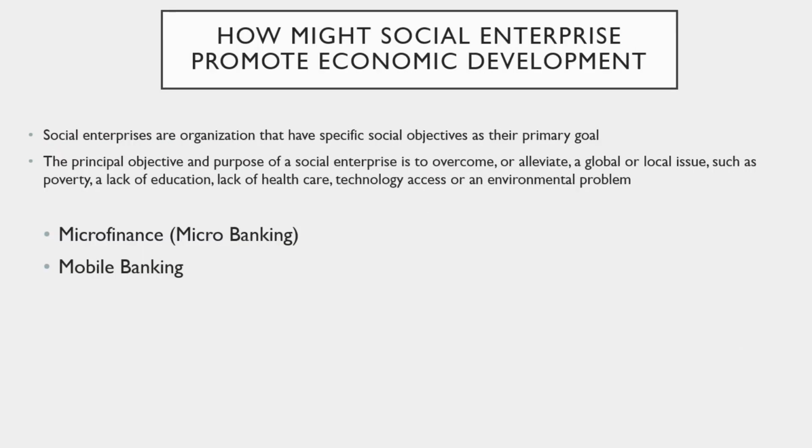So social enterprises are organizations that have a social objective as their primary goal. When we talked about microbanking and microfinancing, that was done by Muhammad Yunus, who won a Nobel Peace Prize in economics. Like we said before, people in developing countries, if you don't have assets to use as collateral, or if you don't have savings, banks won't give you loans.